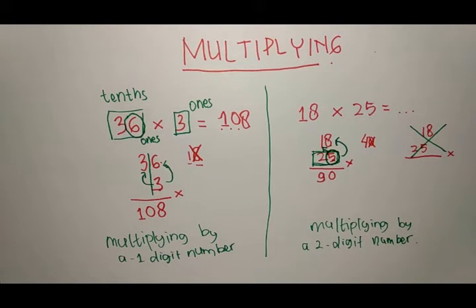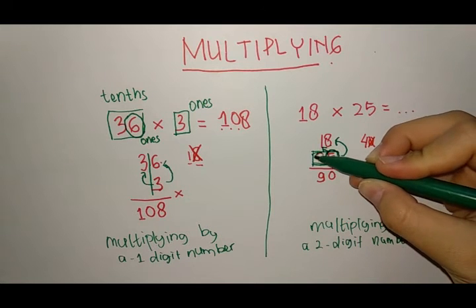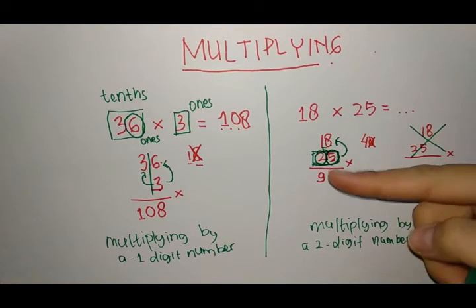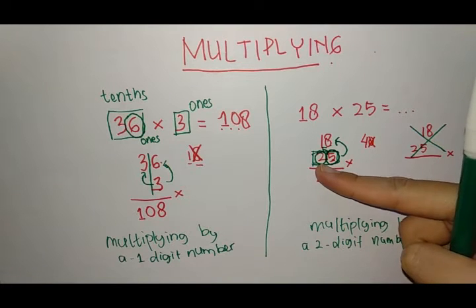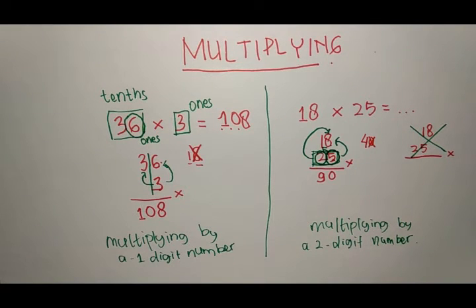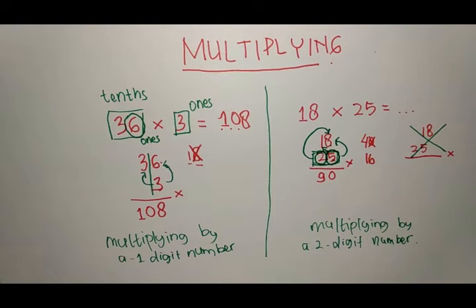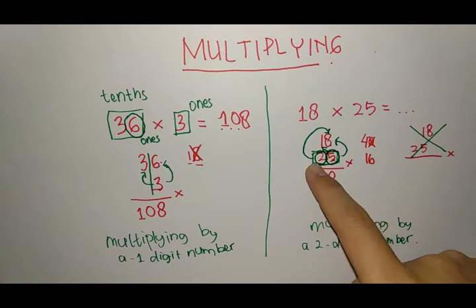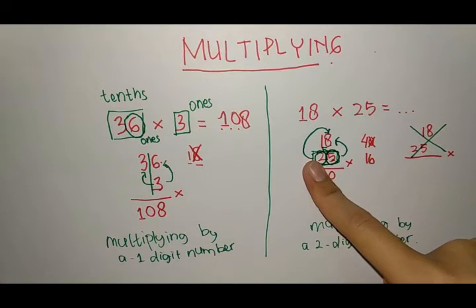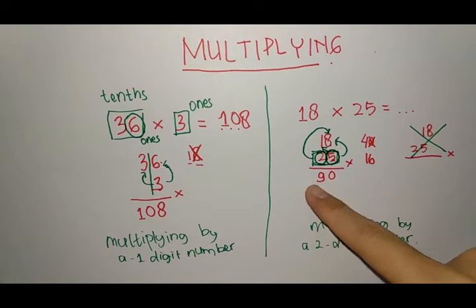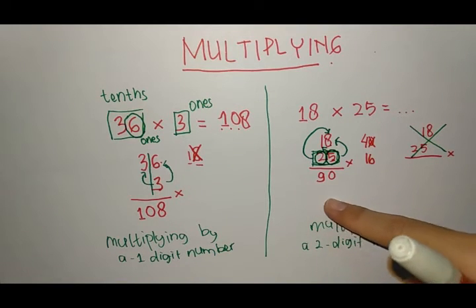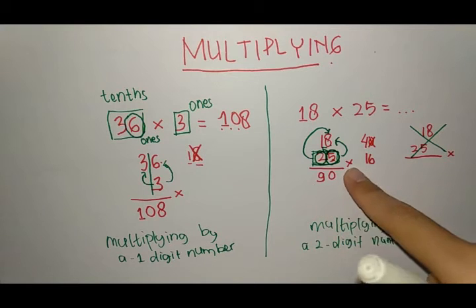After we finish with the 5, we move to the 2. We move to the tens. The tens of 25 is 2. So 2 times 8 equals 16. We have 16. Remember, because 2 is in the tens, this line is going to be tens first.